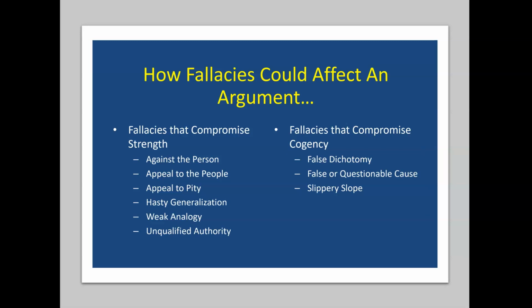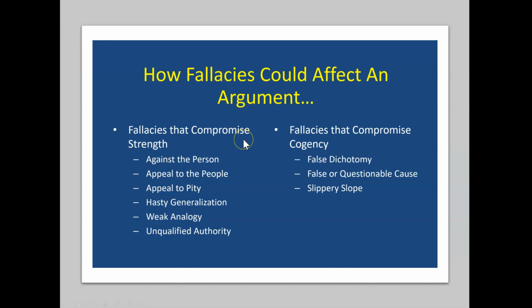an argument. Now, when it comes to actually spotting these things in the bioethical arguments that we'll be looking at, we'll be doing this together. You won't be left out on your own, but these are important. It's important to understand the telltale signs of these fallacies, right?